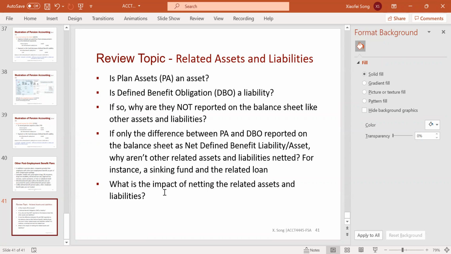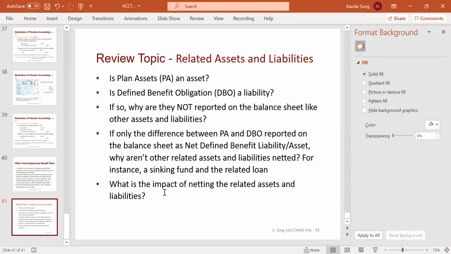Really, what is the difference between that and having pension liabilities and plan assets? Plan assets are earmarked to pay that obligation. However, with the sinking fund, you do not net it. The cash is included in your assets, and the loan that's going to be paid off is in your liabilities.